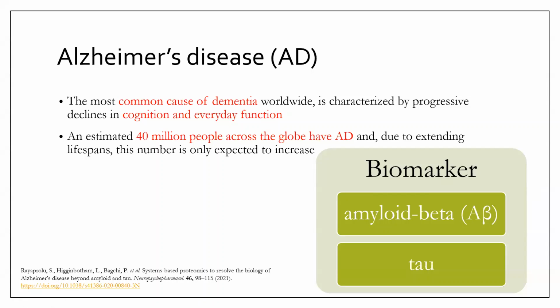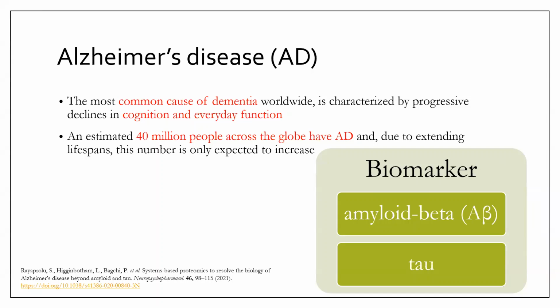These two protein biomarkers are amyloid beta and tau. These have been studied, and a lot of evidence suggests that these proteins play a pathogenic role in Alzheimer's disease. A lot of therapeutic development has been done based on these two biomarkers.